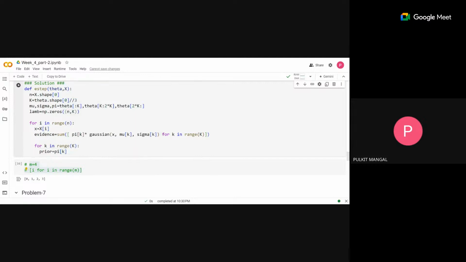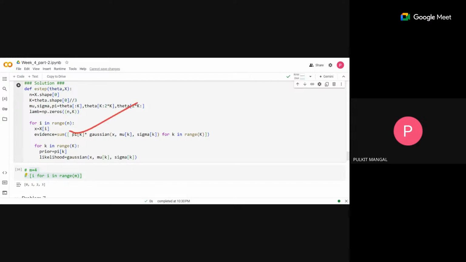Next is likelihood, and this is basically the Gaussian part. Till now, is it clear? We have calculated the denominator, that is evidence, prior times likelihood. So it is pi k nk divided by the summation.